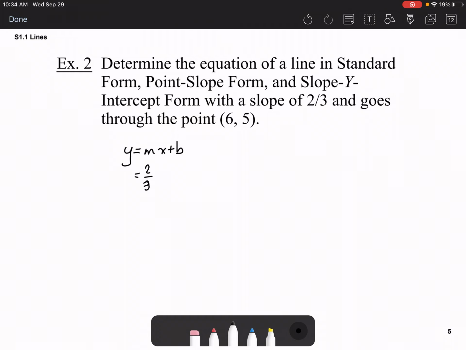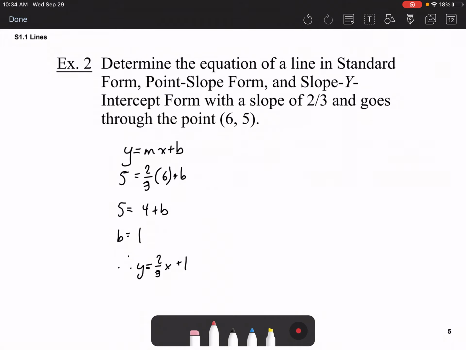I also know my value for y is 5 and my x is 6. So 2/3 of 6 is 4. So my value for b is 5 minus 4, which is 1. So here I have my slope y-intercept form.